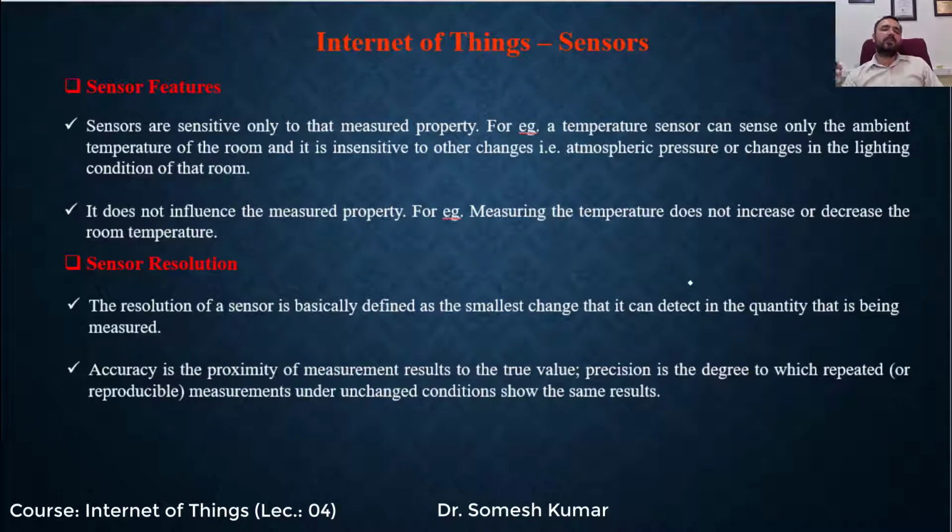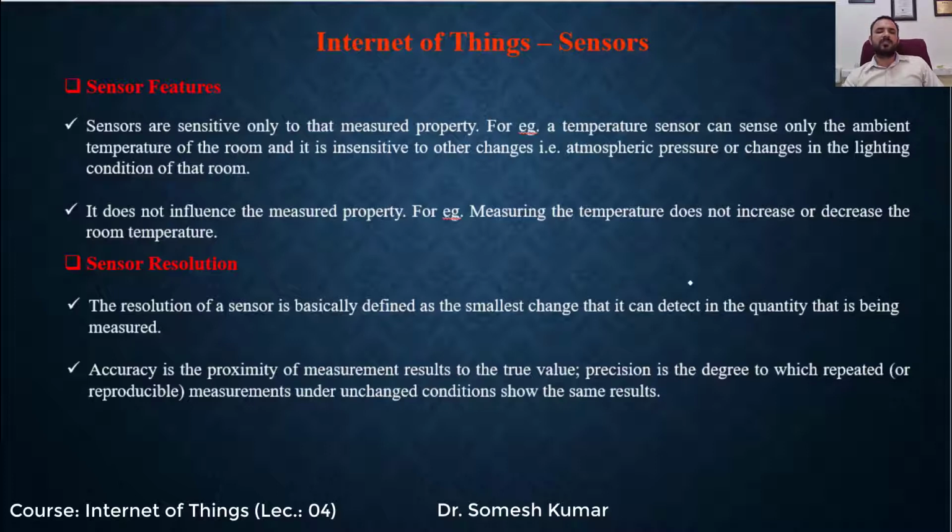Next one is our sensor resolution. Basically, sensor resolution is defined as the smallest change that it can sense in the quantity being measured. For example, a temperature sensor is used to measure temperature. In this room the temperature is 30 degrees Celsius, and if it varies to 30.1, that 0.1 is the resolution, meaning the minimum, smallest change.